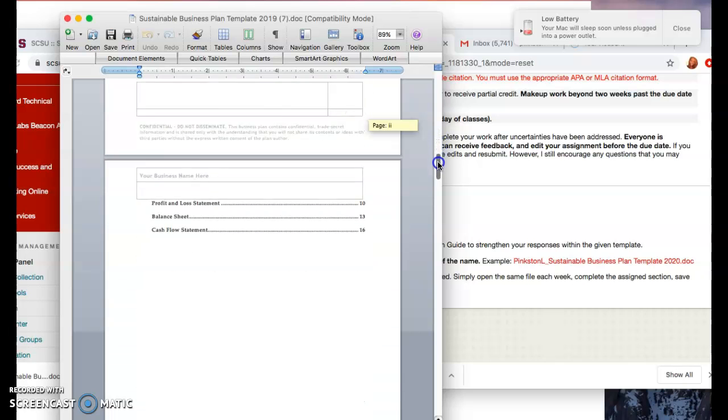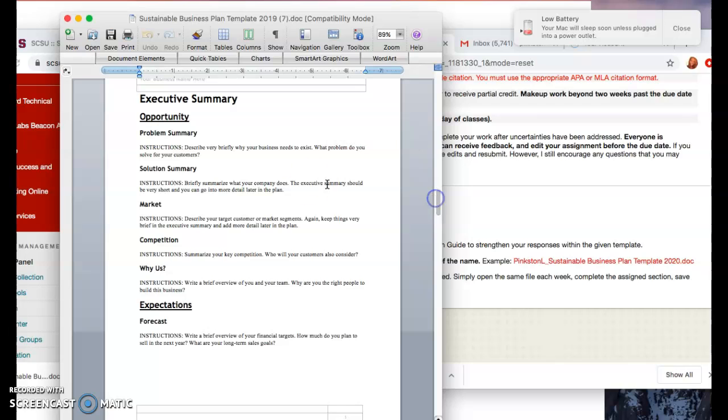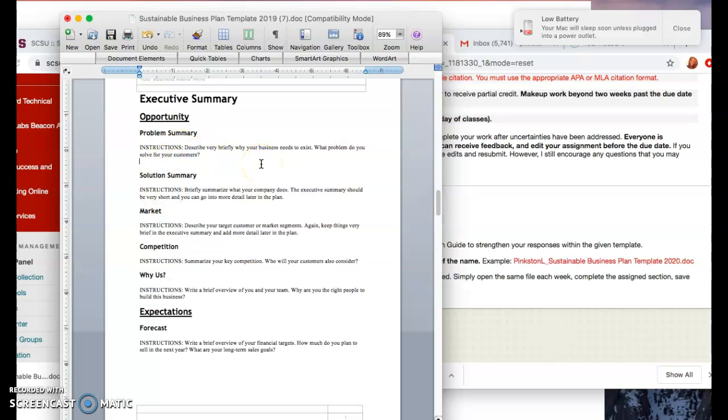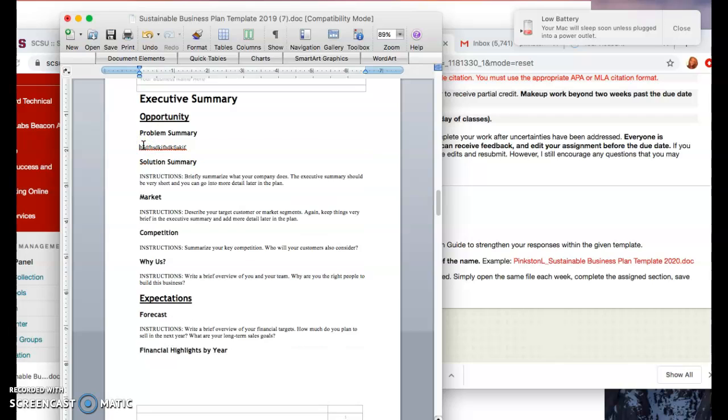Do not change that. Okay, so what you guys are going to do each week is go in, answer the questions, the responses, and then you're going to delete this default text. Okay, after you've made sure you've met those requirements, then you delete the default text. And then you save and you submit.